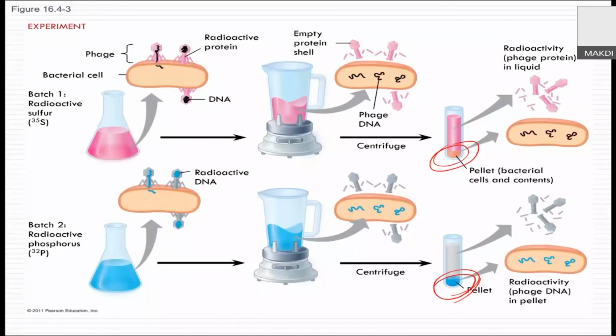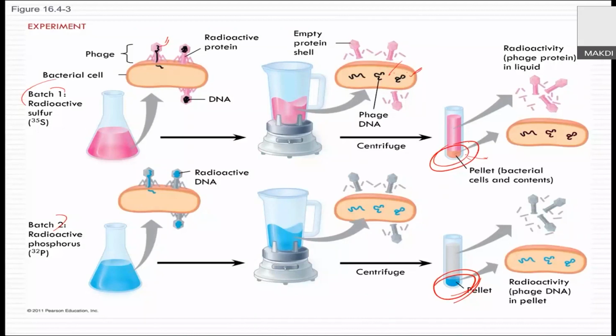The first batch is labeled with protein. If the protein is what gets inside the bacteria, it should settle at the bottom because the bacteria are denser, heavier.